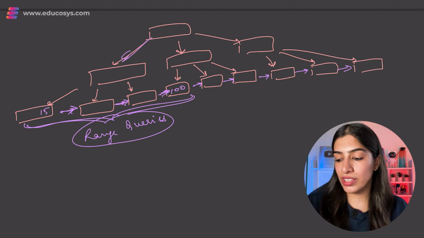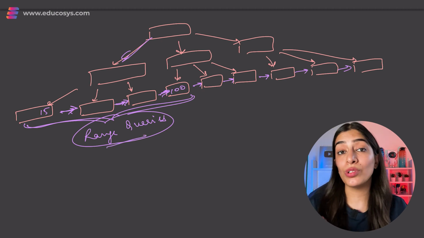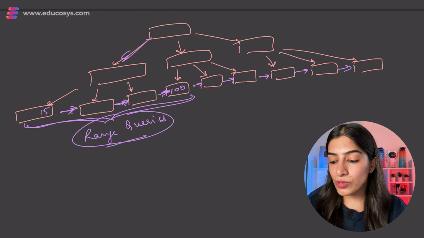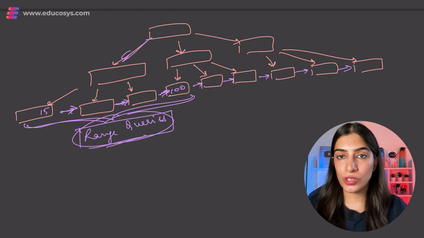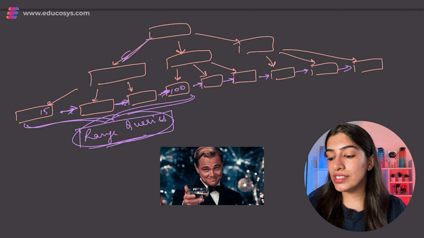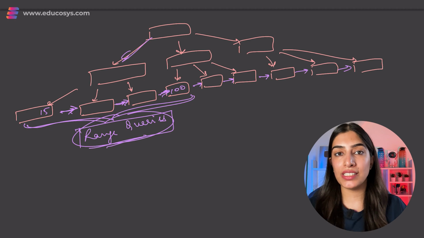You would have to go up and then go down, right? It won't be as straightforward. That is why, because this is such a common operation in databases, B+trees came into the picture and are very famous. The major difference is that in B-trees, the keys are present in the internal nodes as well, versus in B+trees, all the keys are present in the leaf nodes.